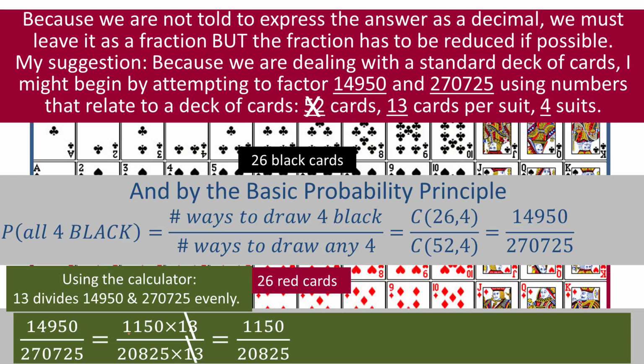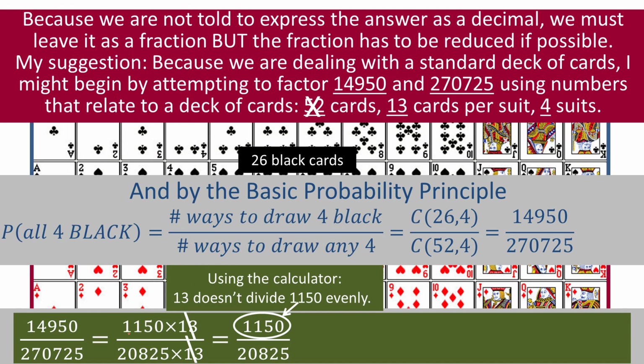Well, one thing I noticed immediately, if a number ends in a 0 or 5, it's divisible by 5. I've already tried a fairly big number, 13, and the 2 remaining numbers now aren't too terribly big. So since 1,150 ends in a 0 and 20,825 ends in a 5, I can immediately see that I can take a 5 out of each one.